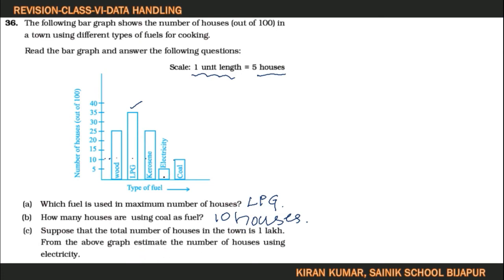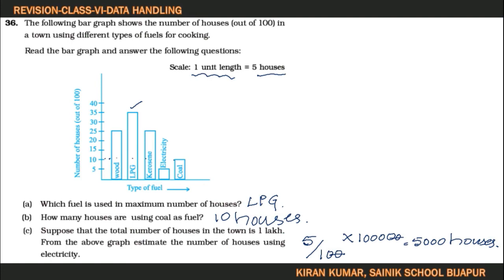Electricity is 5 houses out of 100 houses. So into 1 lakh will give us an estimate. When we simplify, these two zeros get cancelled, we'll be getting 5,000. So it is 5,000 houses they use electricity.